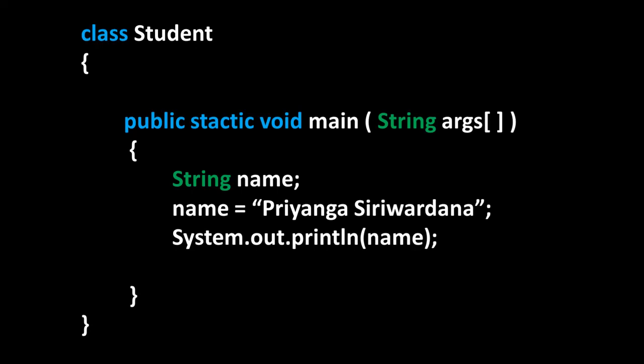But here, string does not become blue. Fine. Now here, as you know, you create string name. Name equals Priyanga Srivardhana, and I just print my name. So here you create that variable and after that you get the output.